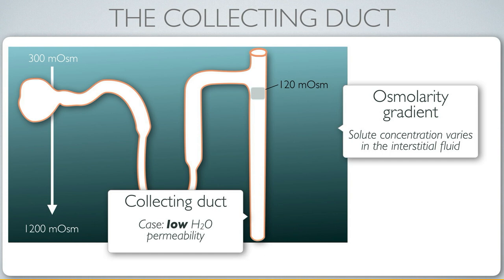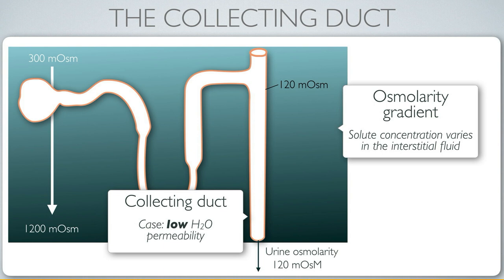And so the urine that's produced looks just like the osmolarity of the filtrate at the start of the collecting duct, at 120 milliosmoles. So just like in the theoretical example that we started with, you can vary osmolarity both with the concentration of the interstitial fluid, but then also the permeability of the membrane to water.